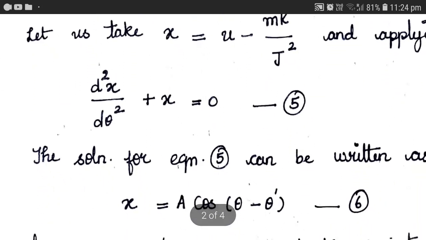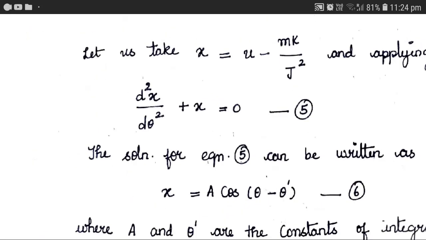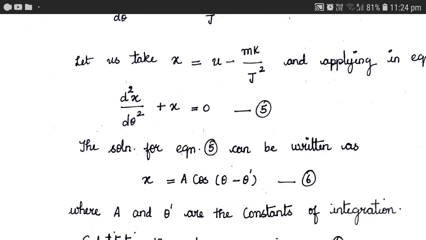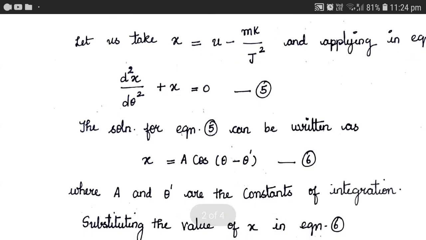Let us take it as equation number 5. We can write a simple solution for this equation 5 as x is equal to a cos of theta minus theta prime.